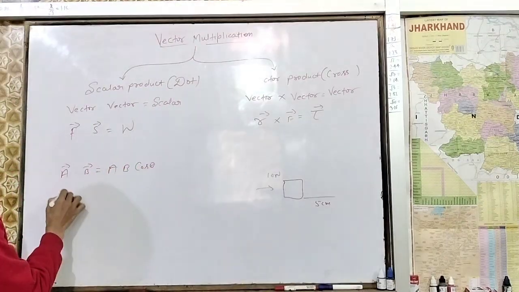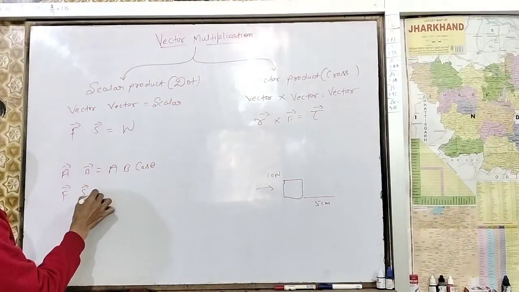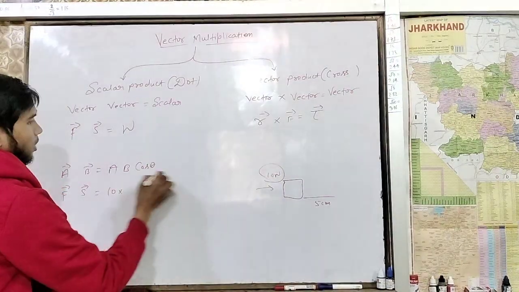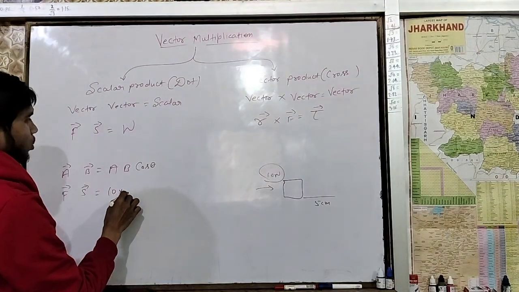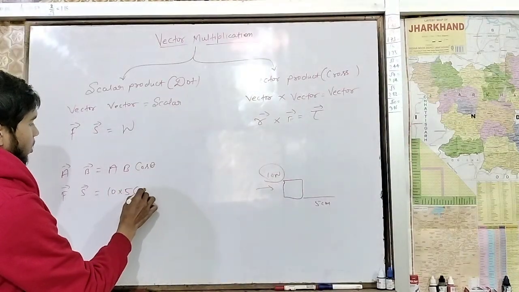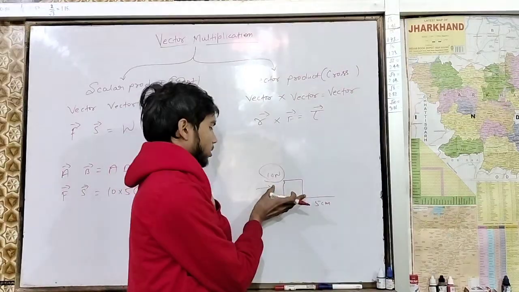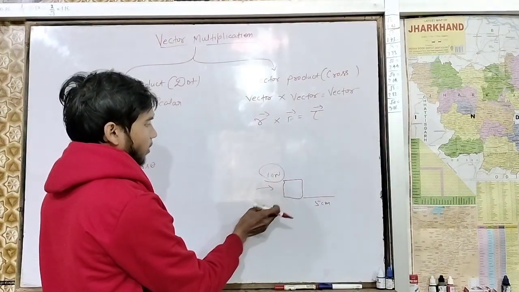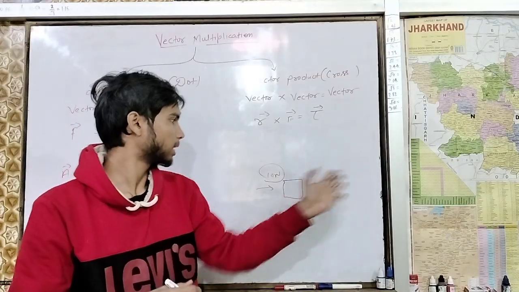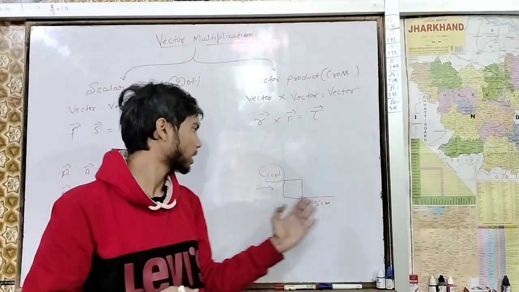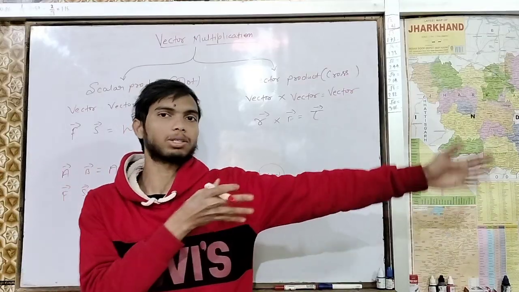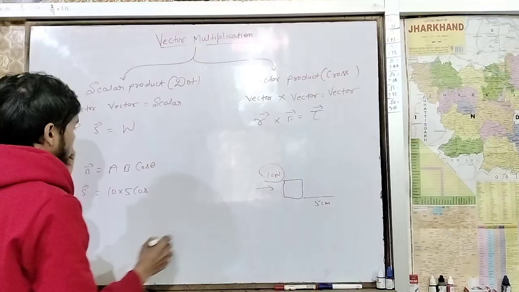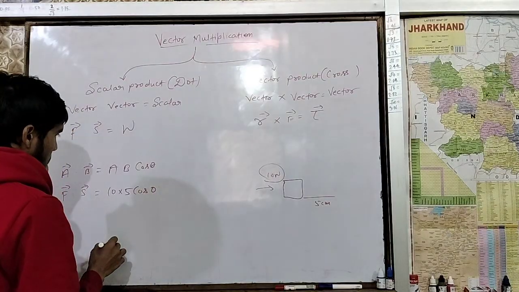So F is 10, displacement is 5. What is the angle between these two vectors? The distance is covered horizontally and the force is applied horizontally, so can we say that theta is 0?